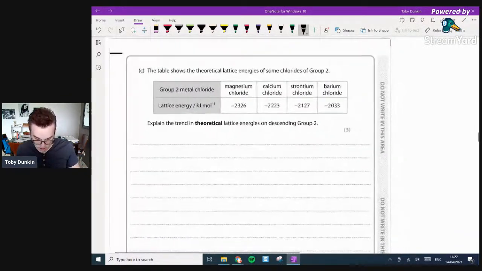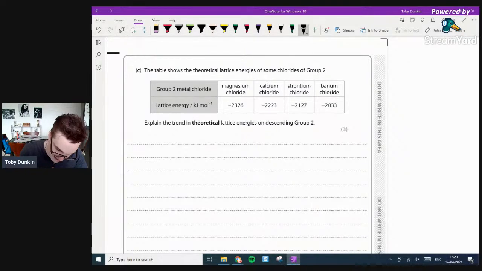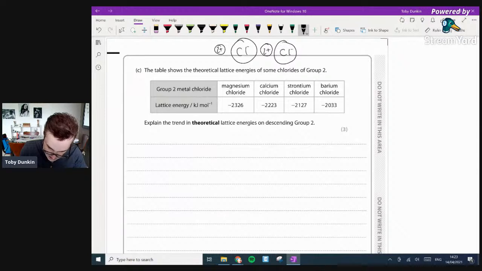Okay. So explain the trend in theoretical lattice energy on descending group 2. Okay, so we've got magnesium 2 plus, Mg2+, and Cl minus. Then we have calcium 2 plus, Cl minus. Then strontium 2 plus and Cl minus.